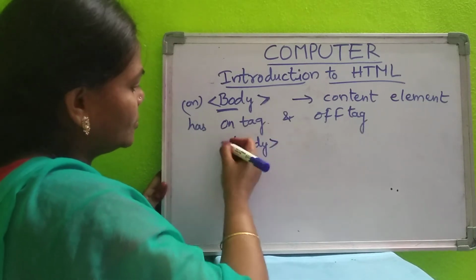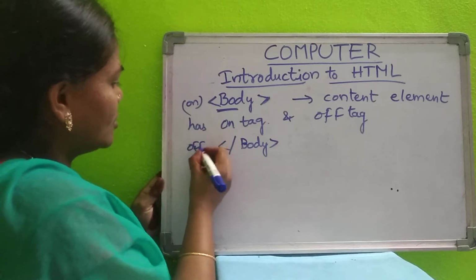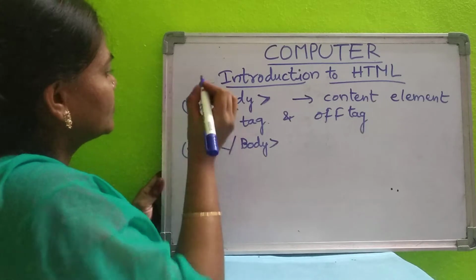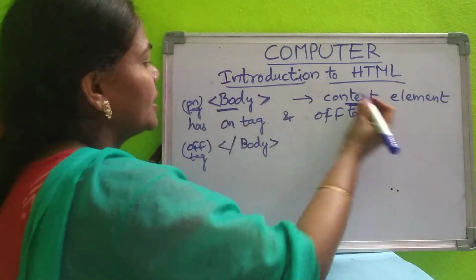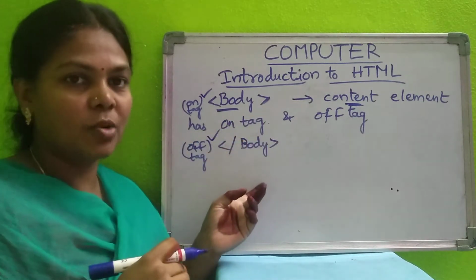You can write capital letters or small letters. So content elements are those which contain an on tag and an off tag. Today we will learn about this body part.